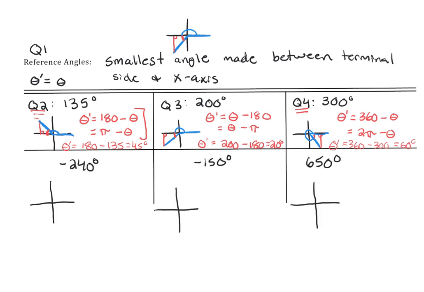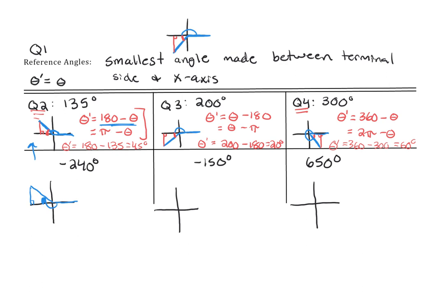Okay, so practicing each one more time, but this time with some angles that maybe are a little tougher. So negative 240, all that means is you're going the other direction, 240. So we're in quadrant 2, so we're using this formula right here. If you go here, right angle, what we really want is, what is that angle measure right there?